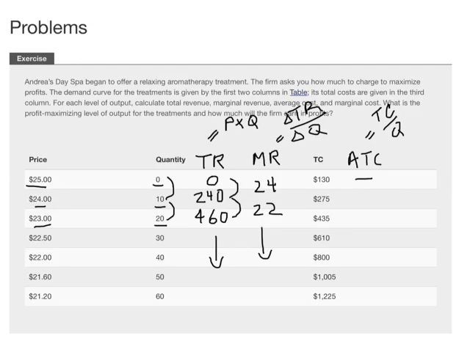But if total cost is 275 and output's 10, our average total cost is 27.5. And likewise, if total cost is 435 and we're dividing through by our output level of 20, notice with average total cost, it's just one level of total cost divided by level of output. Say 43.5 is divided by 10, cut that in half, 21.75.